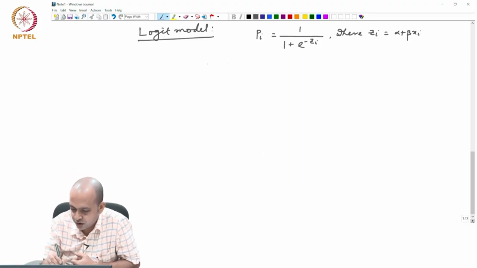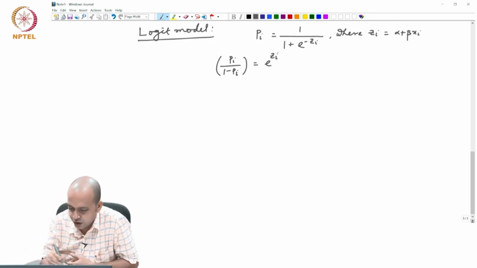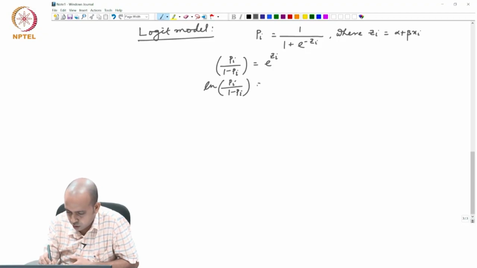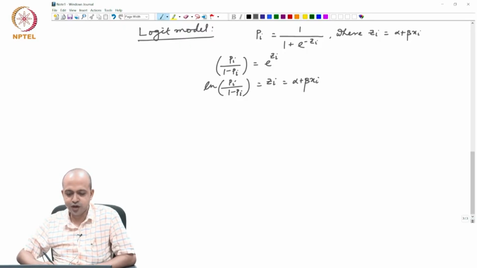If you take pi by 1 minus pi, that would become e to the power zi, and then if you take log of this, then log of pi by 1 minus pi equals to zi equals to alpha plus beta xi, and then you can estimate this model, because now this model becomes a linear model.